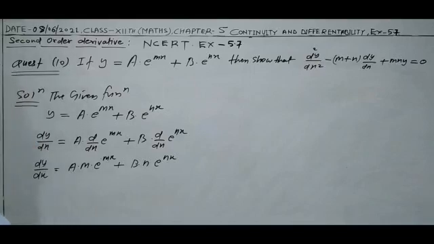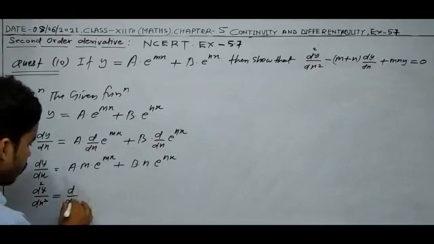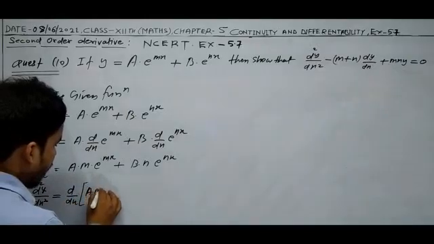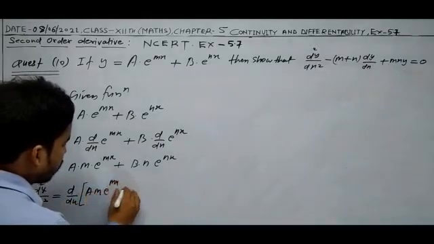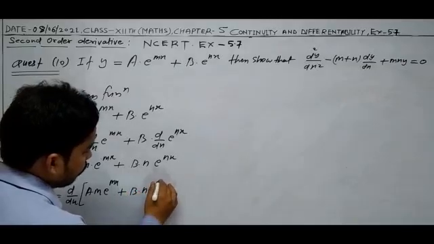Again, when you differentiate this part, what will be the result? So see, d2y by dx2 is equal to d by dx of am e to the power mx plus b times n e to the power nx.